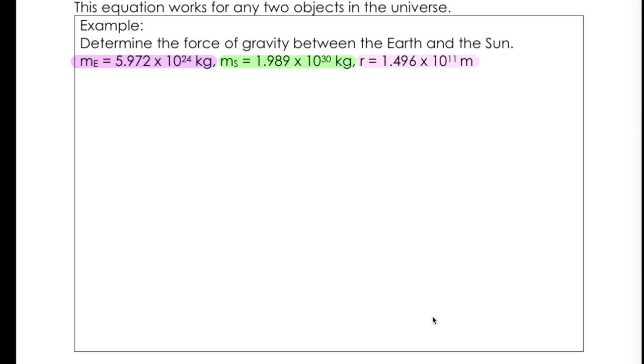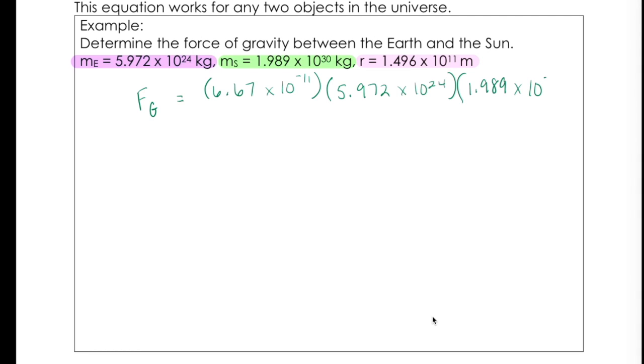So for the equation to find the gravitational force between the two objects, we take the universal gravitational constant, 6.67 times 10 to the negative 11th, times the mass of Earth, 5.972 times 10 to the 24th, times our mass of the Sun, 1.989 times 10 to the 30th, divided by the radius squared.